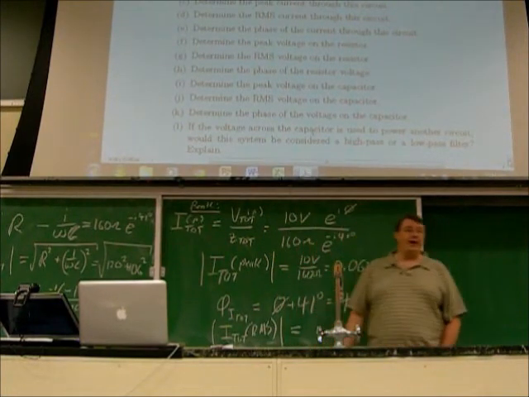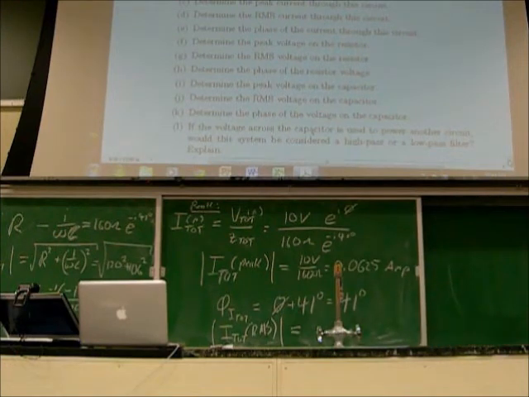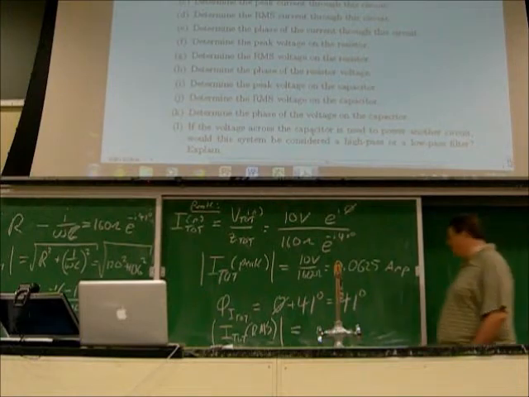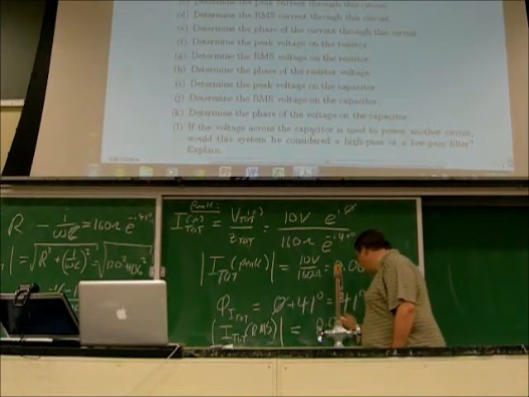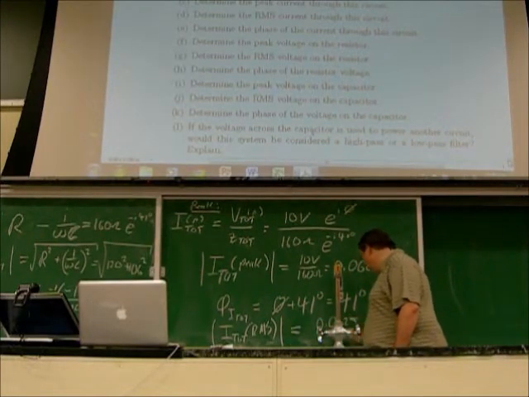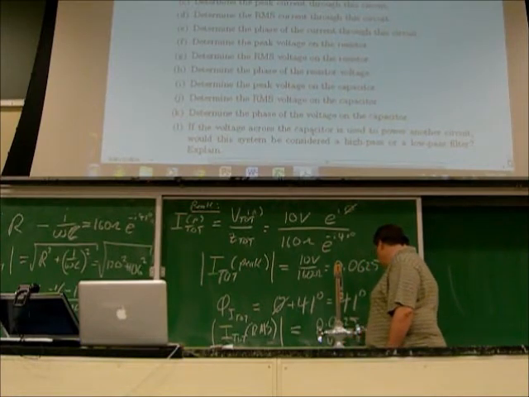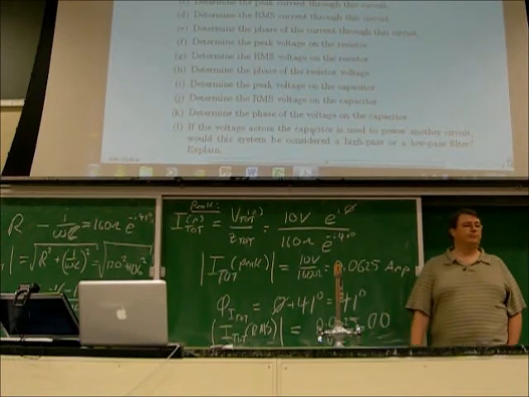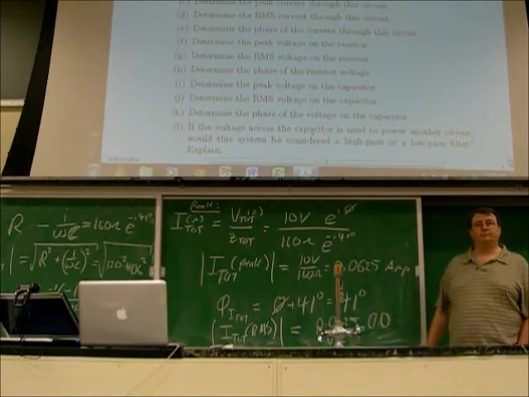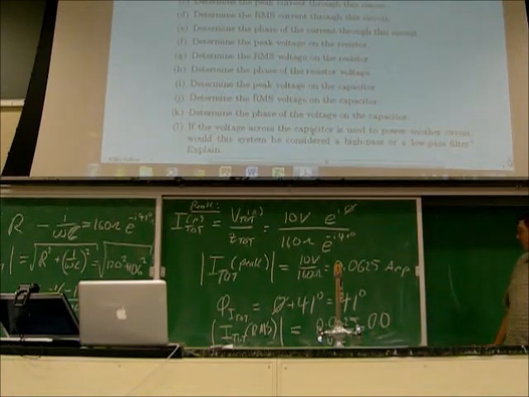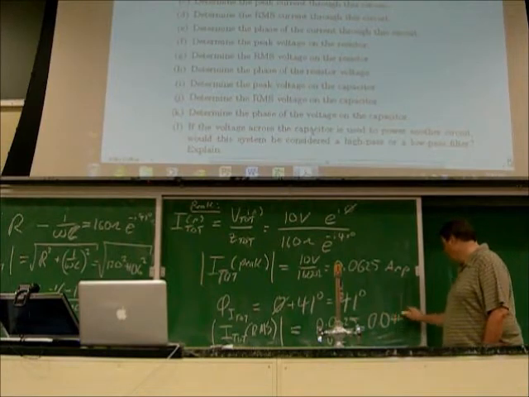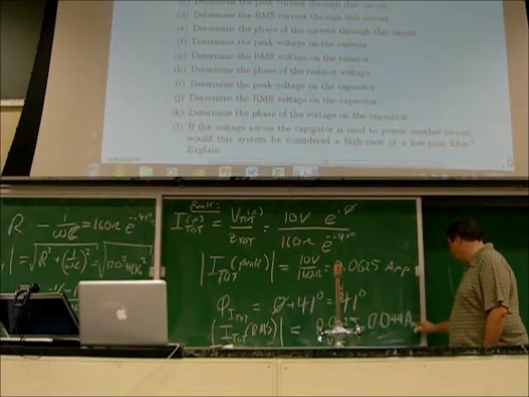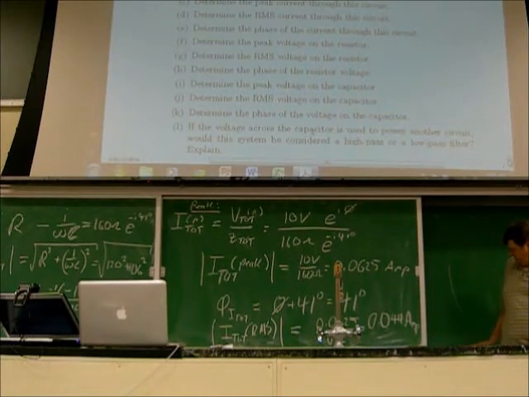The RMS value of anything is smaller than the peak value, and it's smaller by square root of 2. So 0.0625 over square root of 2 is how much? 0.044. And currents are still in amps like they've always been.